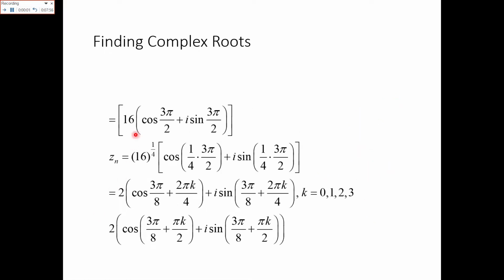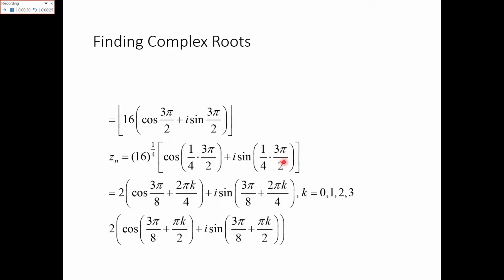Now the polar form becomes 16 cos 3 pi by 2 plus iota sin 3 pi by 2. Now we have to take the fourth root, so it is raised to the power 1 over 4. So z4 is equal to 16 raised to power 1 over 4 times cos of 3 pi by 2 multiplied by 1 over 4, plus iota sin of 1 over 4 times 3 pi by 2.